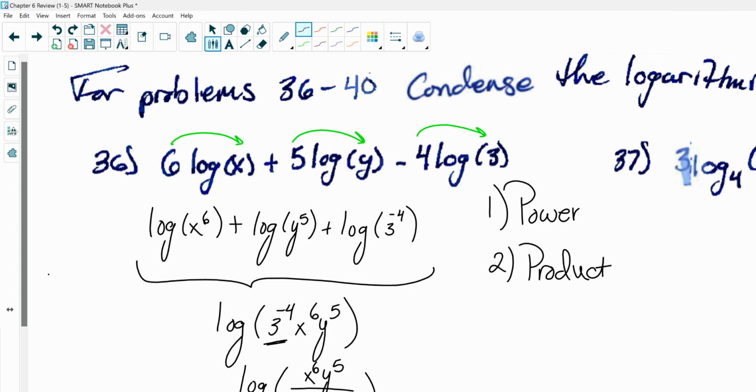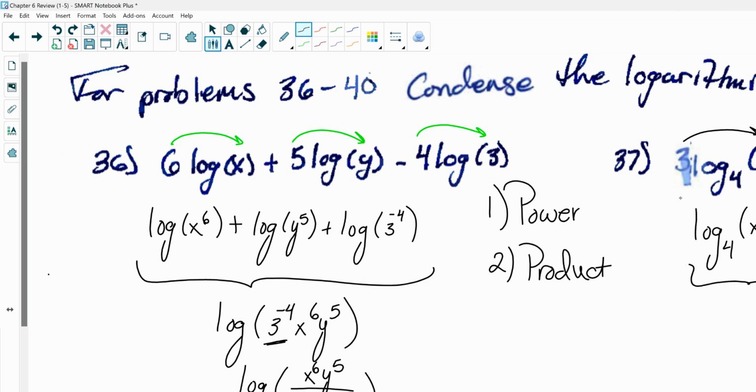For 37, the first thing we're going to do is our powers. So we're going to move the 3 back to the exponent, which gives us log base 4 of x to the third plus log base 4 of y to the ninth. Didn't have any minuses we had to take back into exponents, so that's kind of nice.